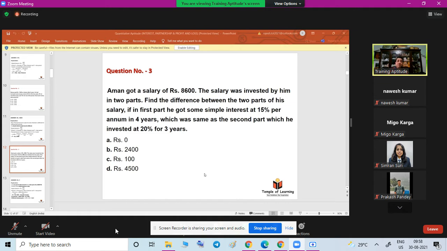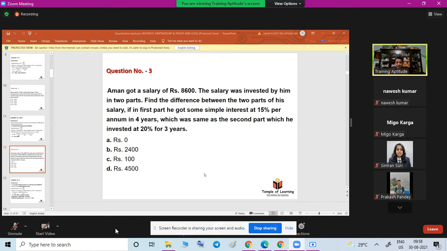Find the difference between the two parts of his salary. If the first part got simple interest at 15% per annum for 4 years, which was the same as the second part, which he invested at 20% for 3 years.